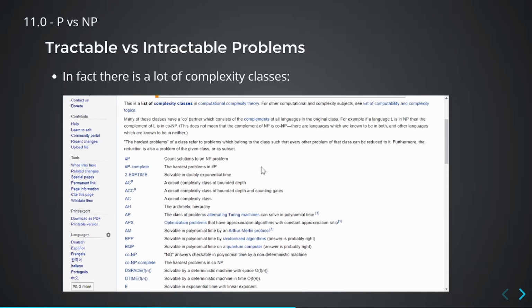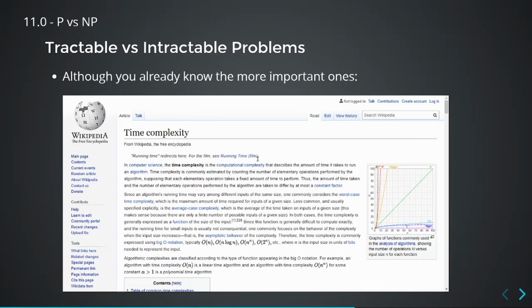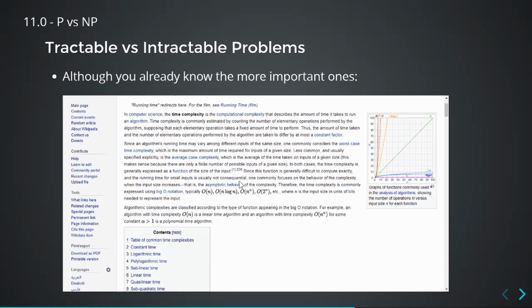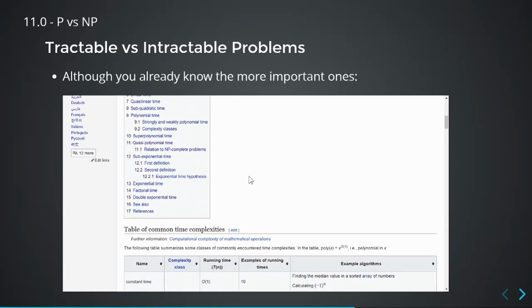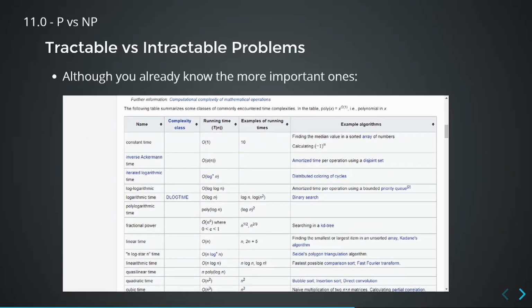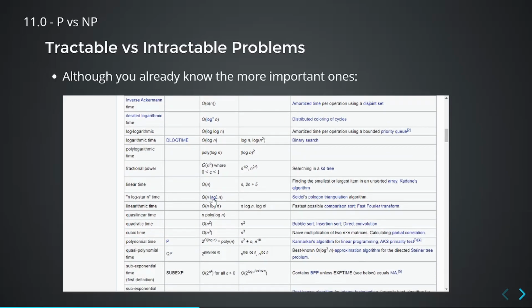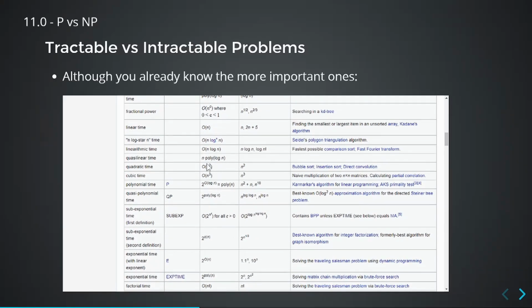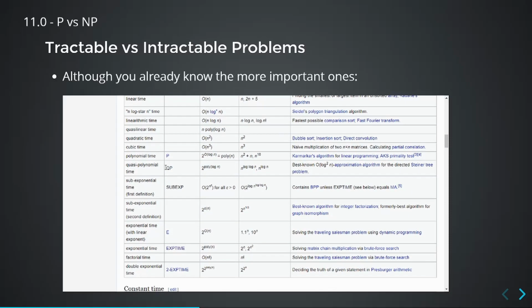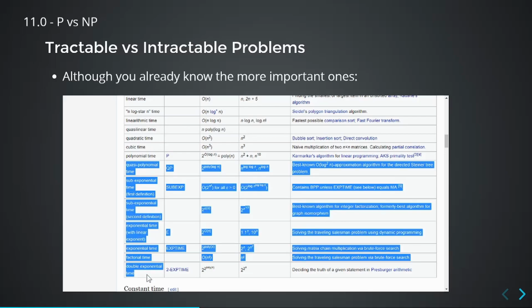But these are only relevant if you go really deep into complexity theory. The ones that you need to know, well, we went through it. This is probably an easier Wikipedia page for it. These probably look a lot more familiar, right? You've got your O(1), your log n, your n, and n log n, n squared. And from this point on, it is no longer polynomial.